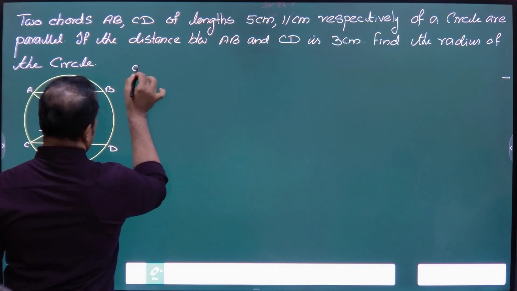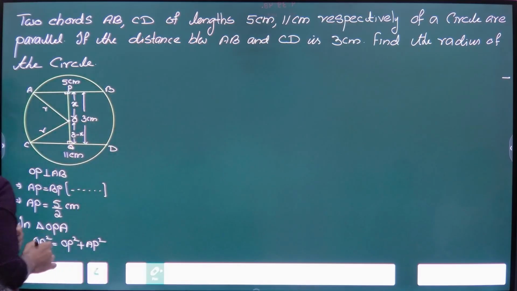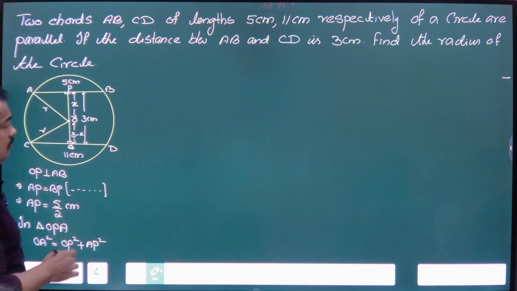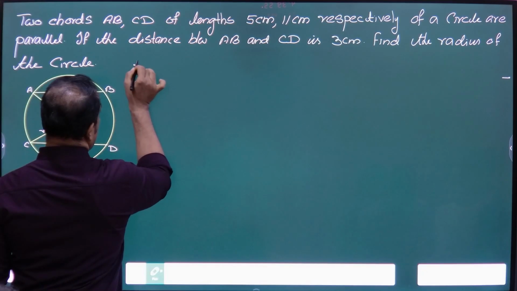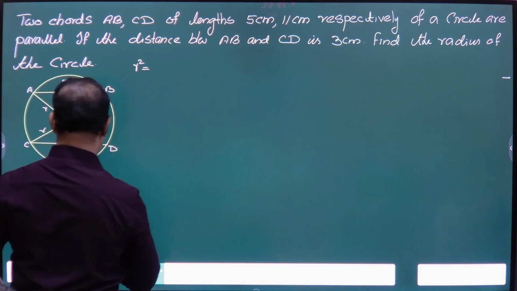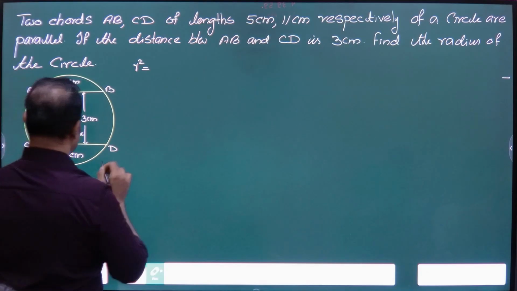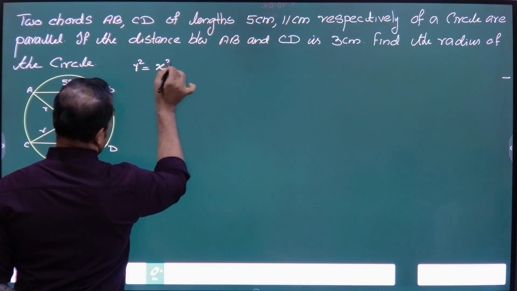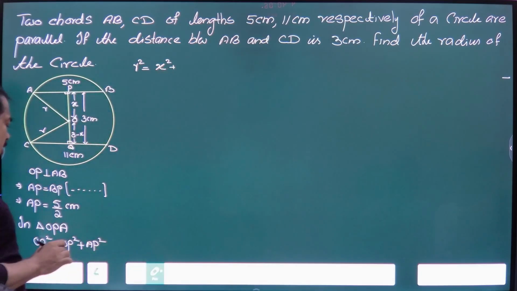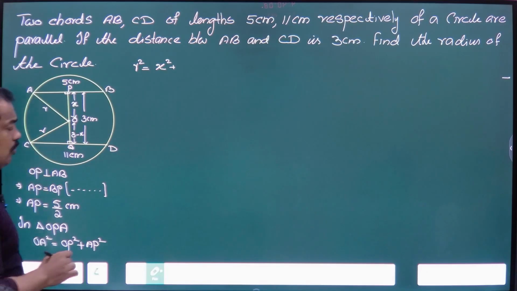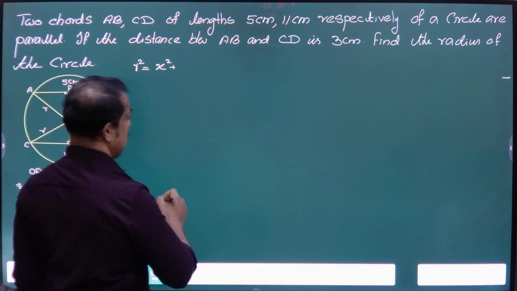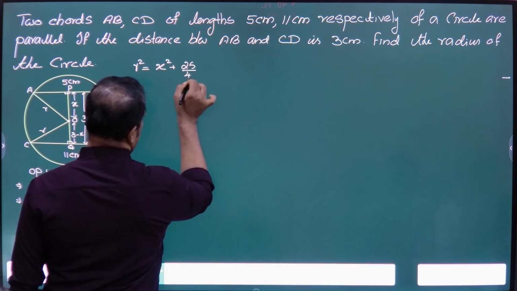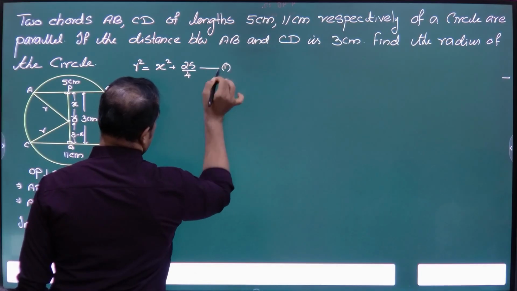What is the value of OA? R, radius. So R square is equal to OP, that is x square, plus AP, which is 5 by 2, whose square is 25 divided by 4. This is equation 1.